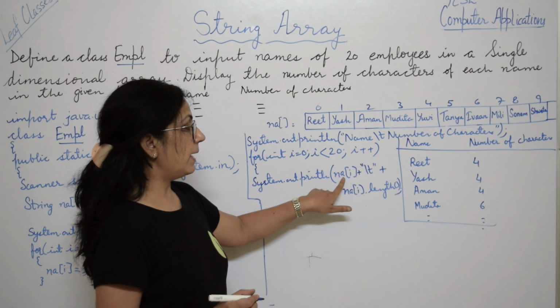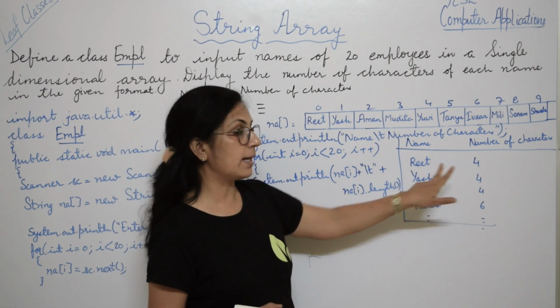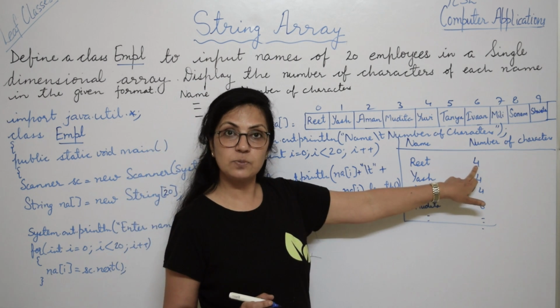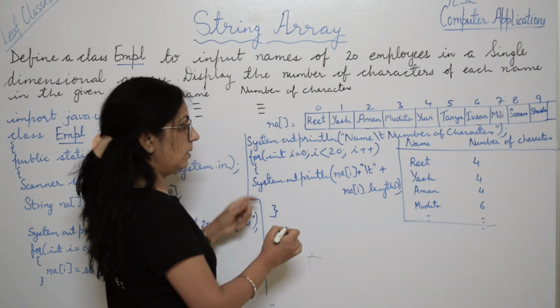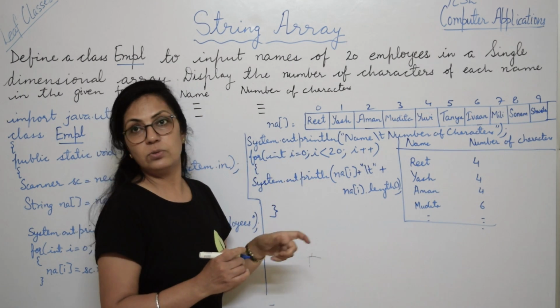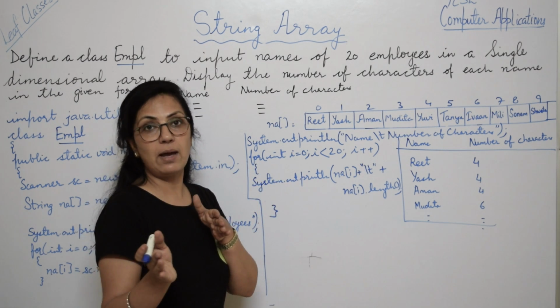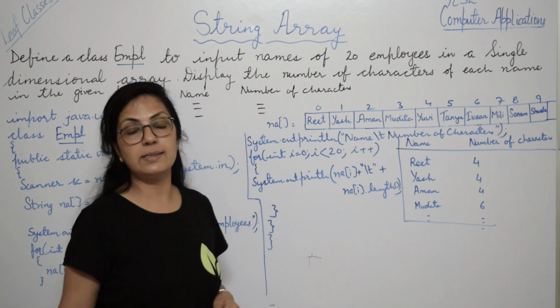So here, when NA[0] will be displayed, \t tab space will come, and NA[0].length(), total number of characters present in that string, like this. And that's it. Only from 0, 1, 2, 3, we don't have to put any condition, because for all the names we have to display, and then you close main and then you close class.